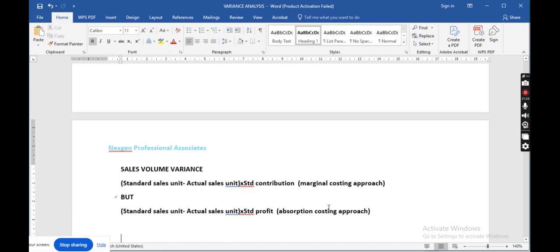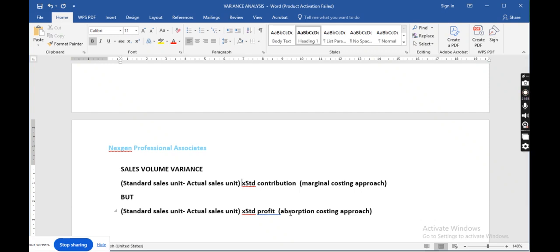Question before we move. Sir, I have a question. Please go ahead. Okay, so in a case whereby the question says prepare all relevant variances and reconcile the profit, they didn't specify. So what can we use in that instance? You check the standard.